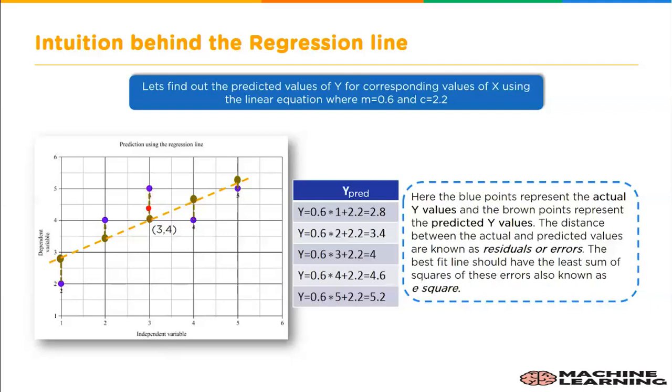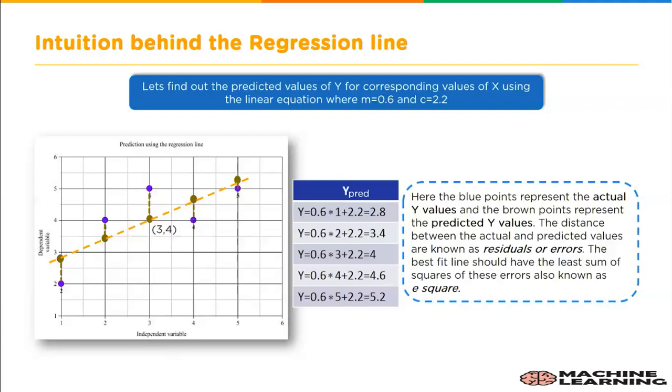Because negative and positive errors should not cancel each other out. So the m and c values that give the least sum of square error are the perfect m and c for you. When we do this with Python, my scikit-learn library calculates this for me.